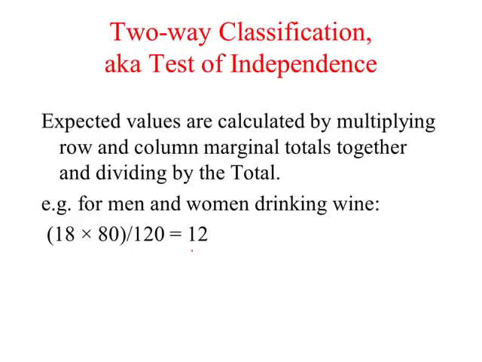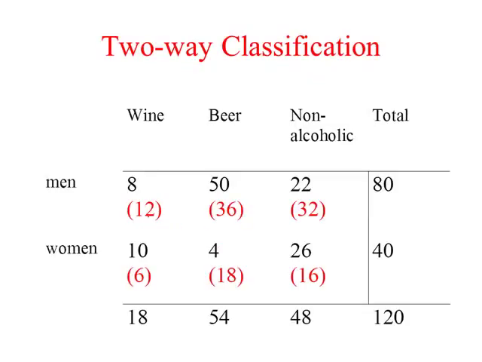So this is just showing what we did there. And so if we were to do this for each of these 6 groups, then these are the values that we would expect to get. So for example, if they weren't related, we would expect 16 women to order non-alcoholic drinks, 18 women to order beer, and so on.